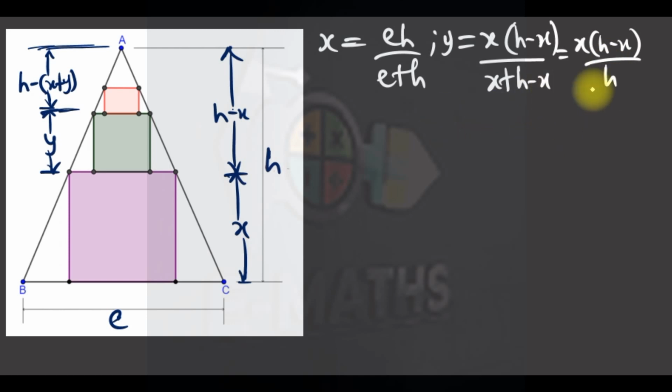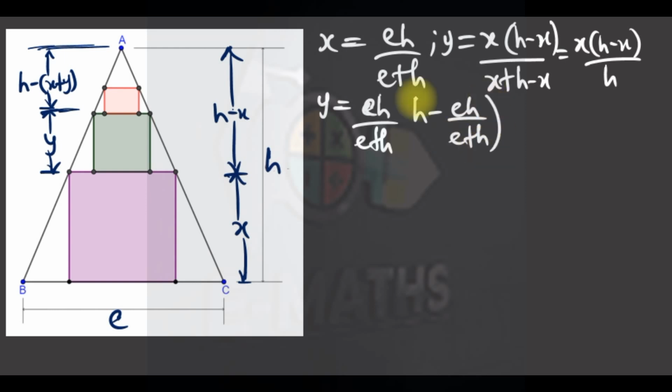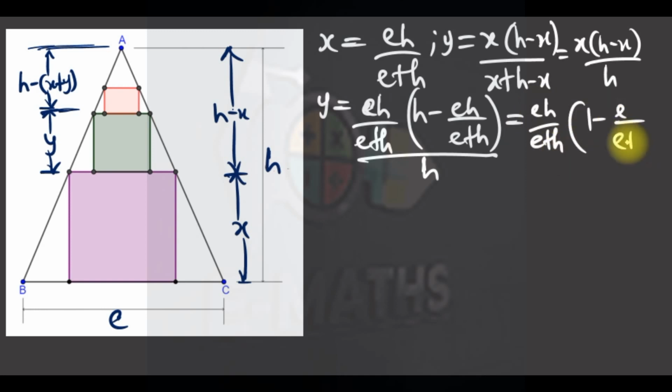So we substitute the value of x, which is eh over e plus h. Y is eh over e plus h times h minus eh over e plus h, all over h. If we factor h, h will come out and cancel, and we are left with eh over e plus h times 1 minus e over e plus h.